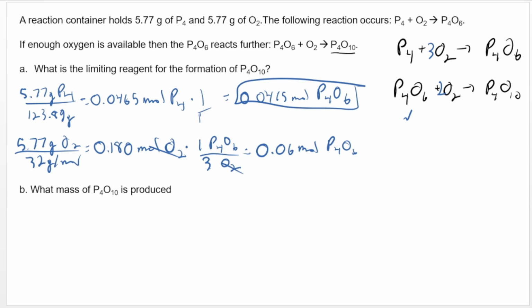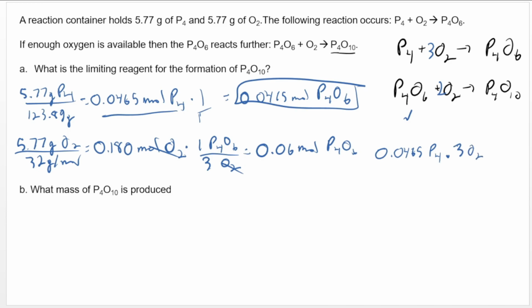We have to find out the excess: after some of this O2 was used up, how much is actually left over. So we're going to use the moles of P4, the limiting reactant, just like we've been doing. 0.0465 of P4, and we're going to find out how much oxygen was needed to react with it. We know it is a 1:3, so we multiply by 3 because we're converting to the amount of O2.